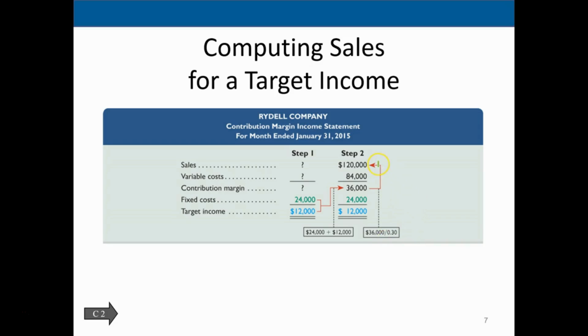That would give us the 120,000. And then of course the 120,000 minus something must be the 36,000. So the 120,000 minus the 36 gives us the difference of 84. 84 is what we need in order for the 120 minus the 84 to equal the 36.